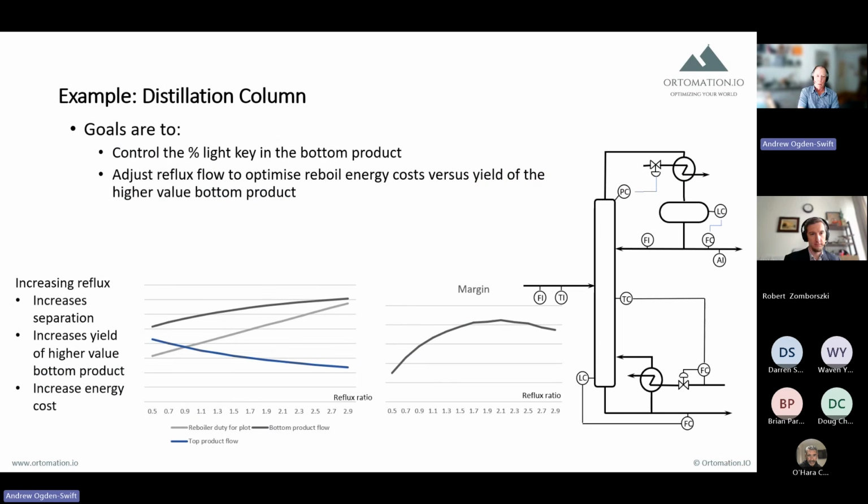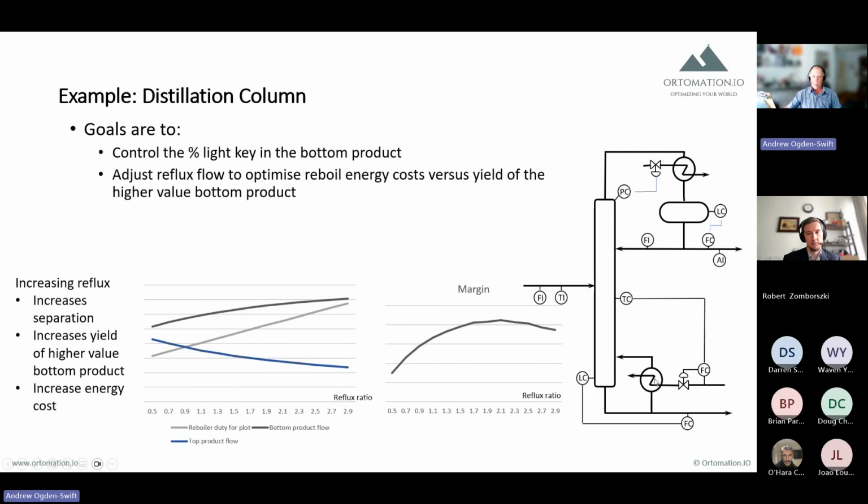An example we'll talk through is a distillation column. As we all know, there's lots of distillation in process manufacturing. On the right-hand side, you'll see a typical 2-product distillation column where we're controlling the stripping temperature by adjusting the reboil flow.